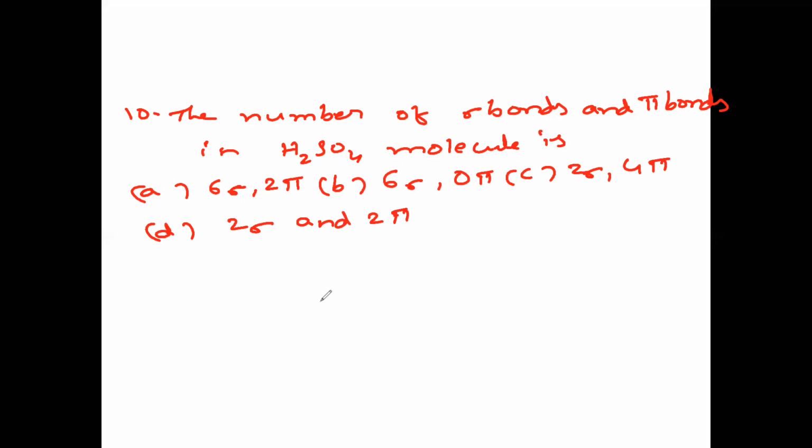So first you should know the structure of sulfuric acid. The structure is S double bond O, double bond O, OH, OH.